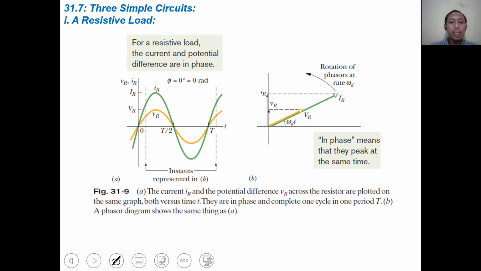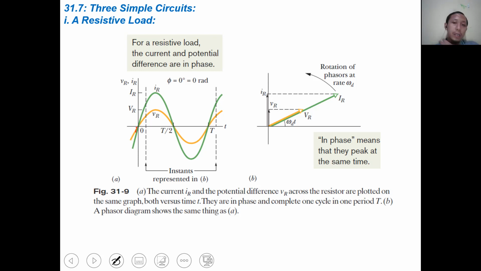We can see that the current, the blue line, and the voltage, the yellow line, have the same phase. The same phase means that the initial conditions, the initial sinusoidal, start from 0 and are equal between the current and the voltage.